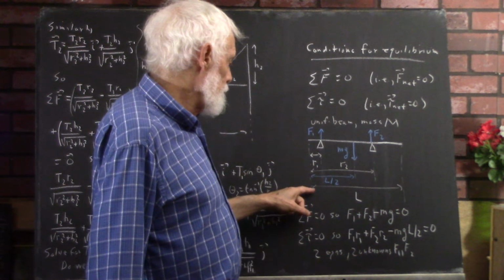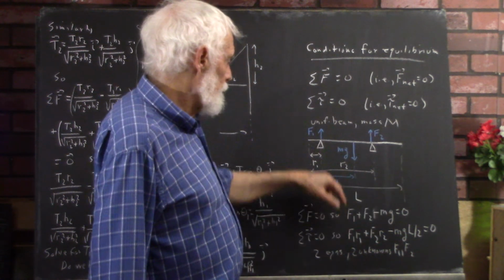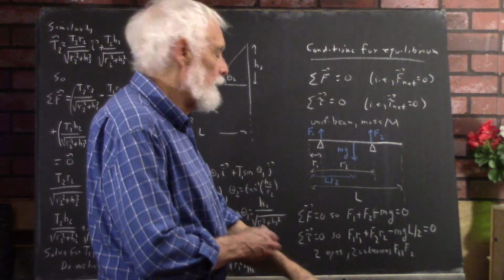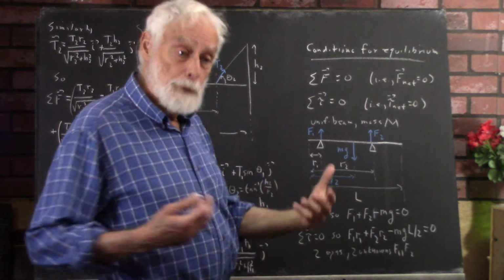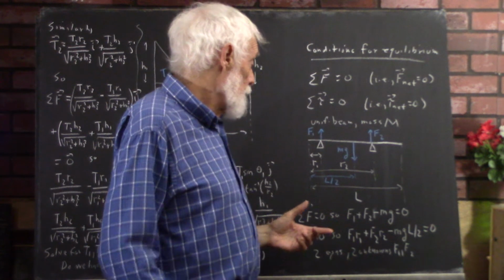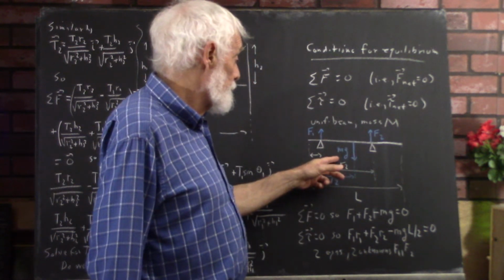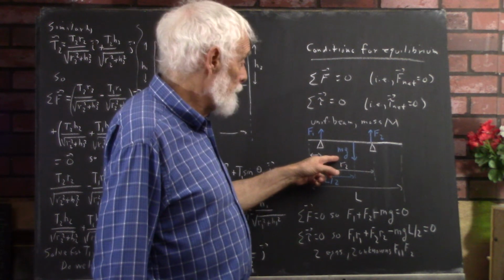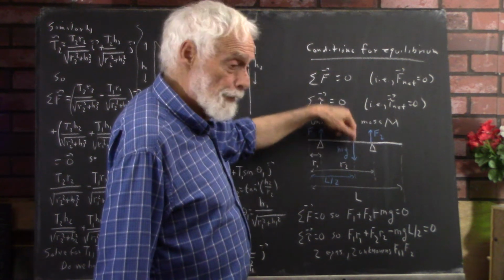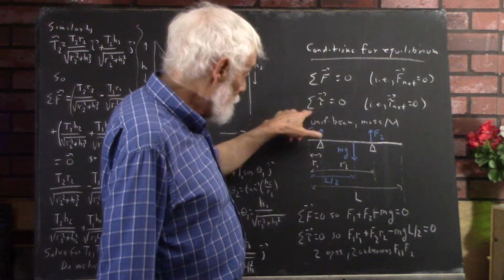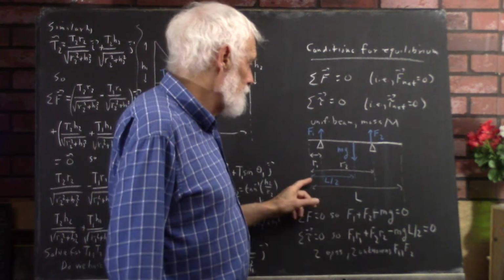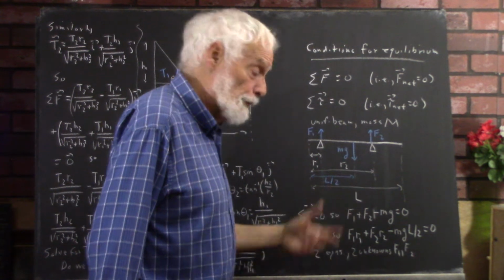You have a beam of length L, and of course the center line is at L/2, and as far as producing torque is concerned, the weight of the beam acts as if it was located at the center of mass. It's a uniform beam, so the center of mass is at the center. Length of the beam is L, center is at distance L/2 from either end.